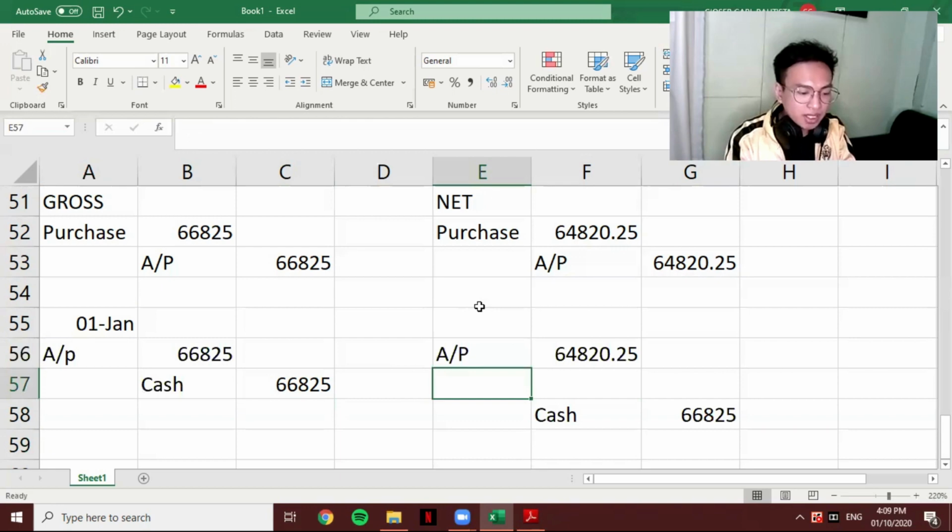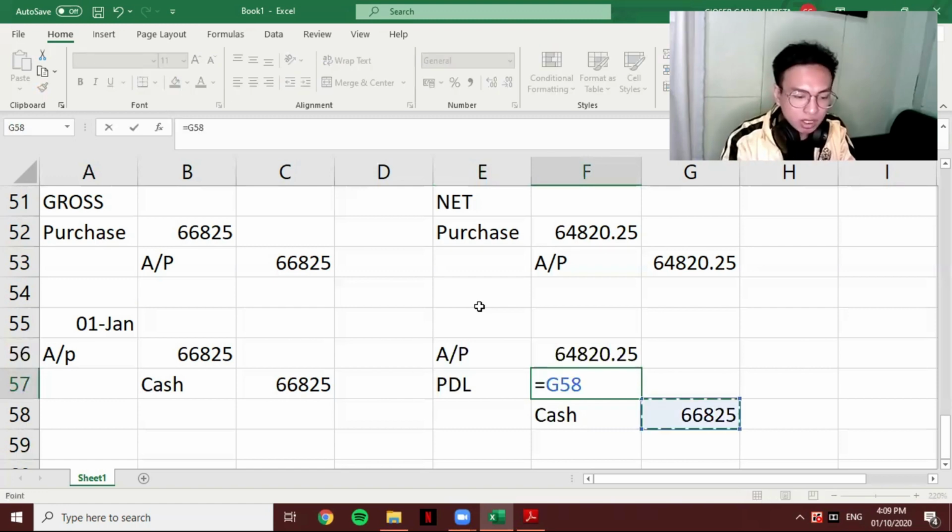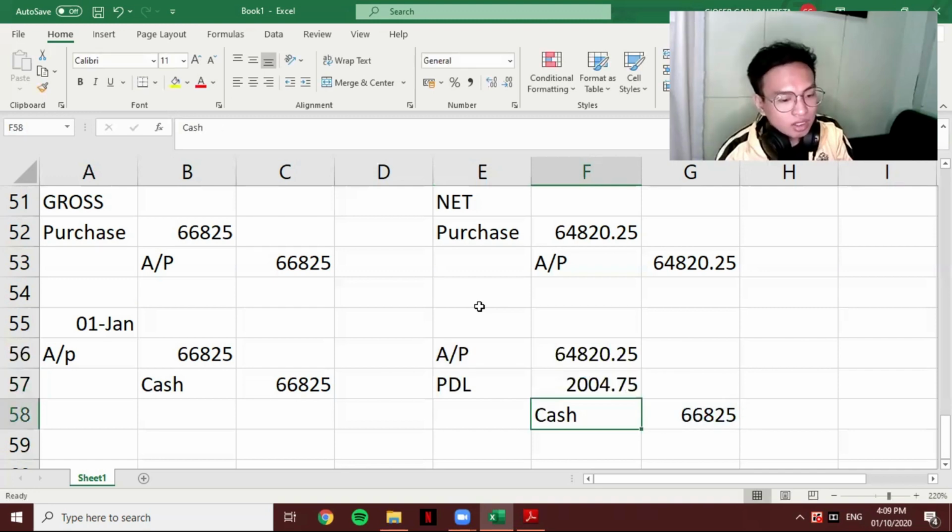Therefore, this is a purchase discount loss. PDL na lang since you know that this is purchase discount loss already. Amounting to how much? The should have been discount which is 2,004.75. Let's see kung yan ba talaga ang ating should have been purchase discount.